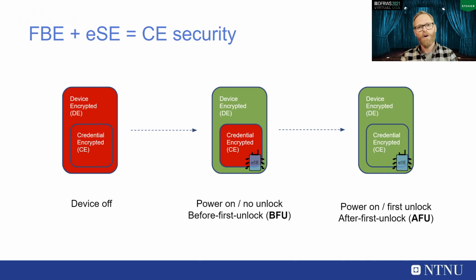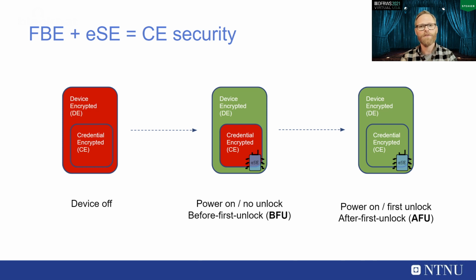But if you power on such a device without entering user credentials, you will be in a before first unlock state, in BFU state. That means that the device encrypted storage will be available, because this is hardware protected key material. And if the hardware is happy with the boot, so it's considered a secure boot, then this key material will be available, so you can read out device encrypted files.